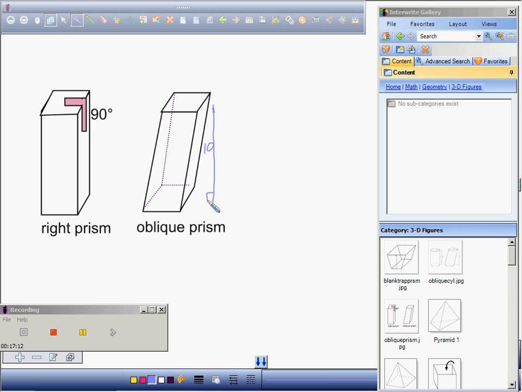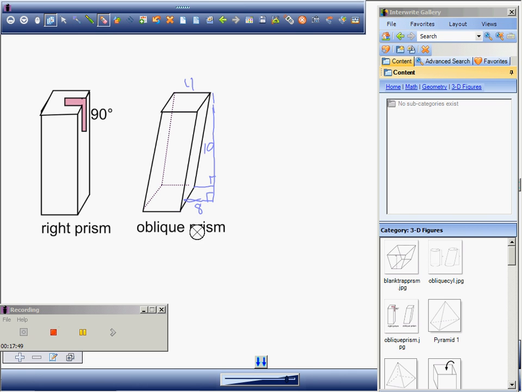And maybe they'll even do something really evil, like they'll tell you that this is 8 over here, and then they'll tell you that this side is 4 units long, and they'll say find the volume of this oblique prism. Well, the first thing that you got to do is find the height of the prism, and so if this is 8 from here to here, and this is 10, and this makes a right triangle.